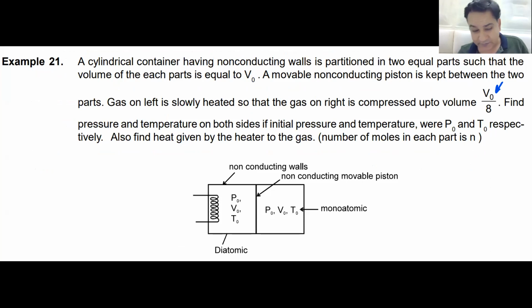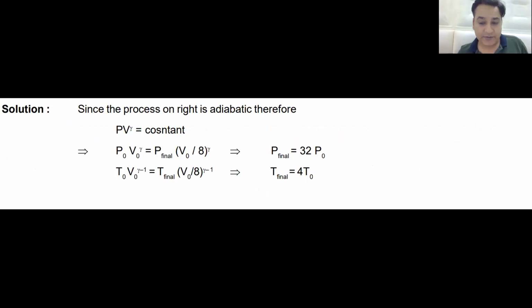We did a similar question yesterday. We don't know what is happening on the left-hand side, but we know what is happening on the right-hand side. It is an adiabatic process, so you can calculate the final pressure and final temperature because the final volume is known. Then whatever remains is pretty simple.